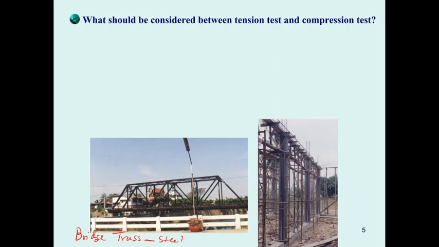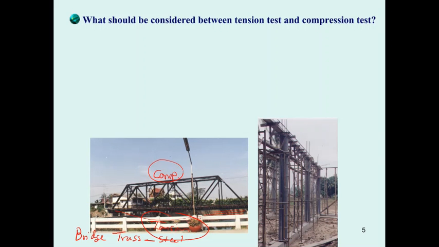When the train comes past the bridge, the bridge is going to deform like this, and some of the members of the bridge will be in compression and some of them will be in tension. You may test the steel by compression or by the tension test.